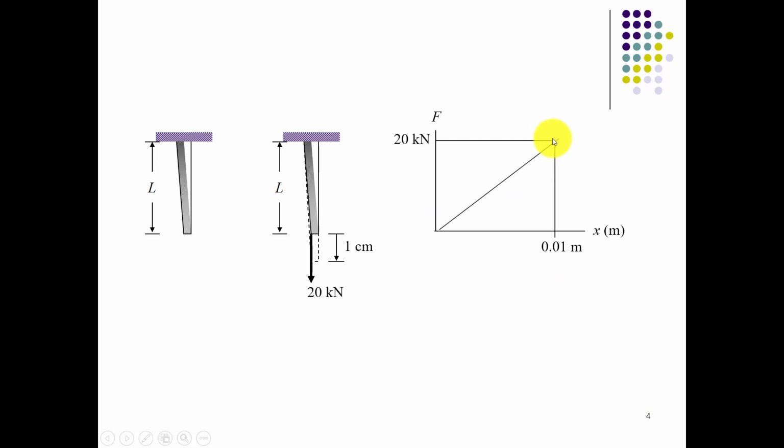So we can calculate the external work done due to the action of that force. So external work done will be half of delta into P, which is 100 Newton meter.